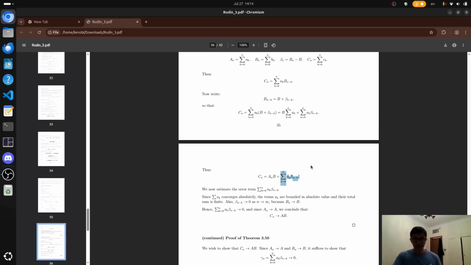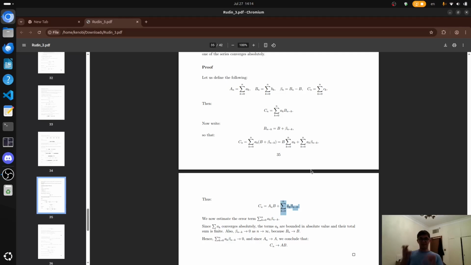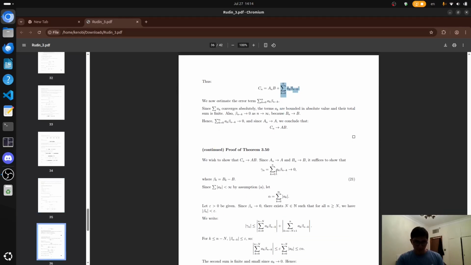The strategy here is you want to find some sort of thing that is equivalent to C, and show that the thing that's extra to C goes to 0. Because you're dealing with something extra and you don't like it, you want to get rid of it.